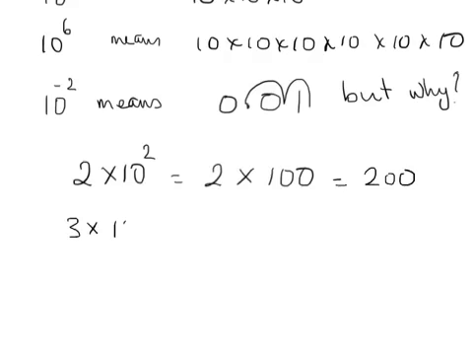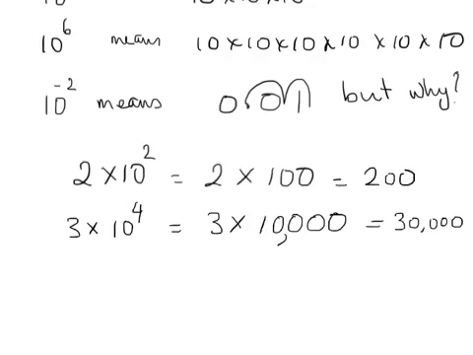Or 3 times 10 to the 4 is 3 times, and 10 to the 4 is 1 with 4 noughts, which is 10,000. So 3 times 10,000 is 30,000.